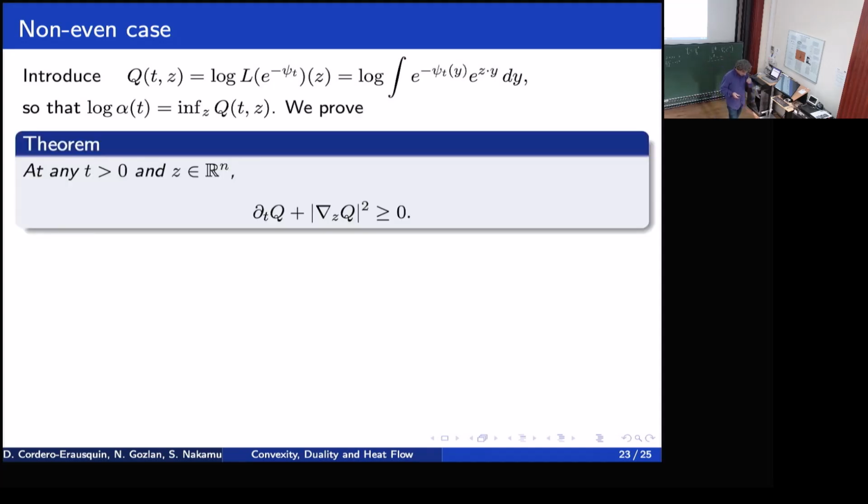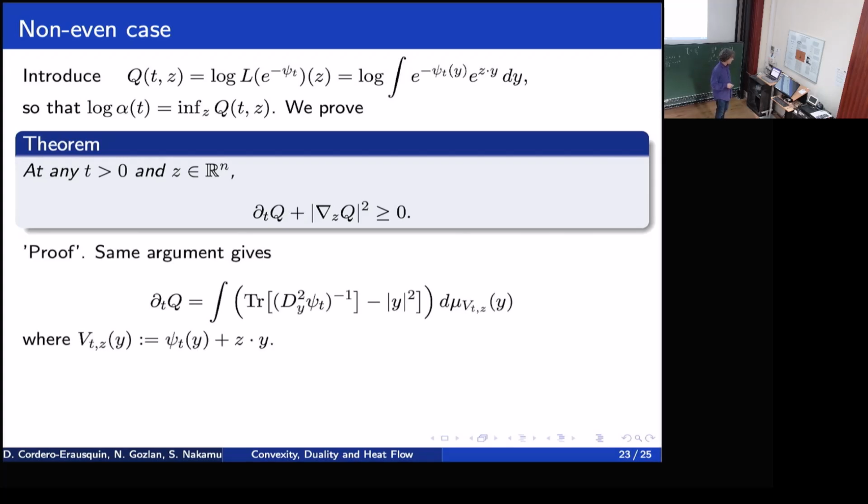What you can prove, which is what we proved for the Legendre transform, but if you pass to the limit, you get this. It's a bit like a Hamilton-Jacobi inequality, in some sense: the derivative in time of q plus the gradient in space of q squared is non-negative.